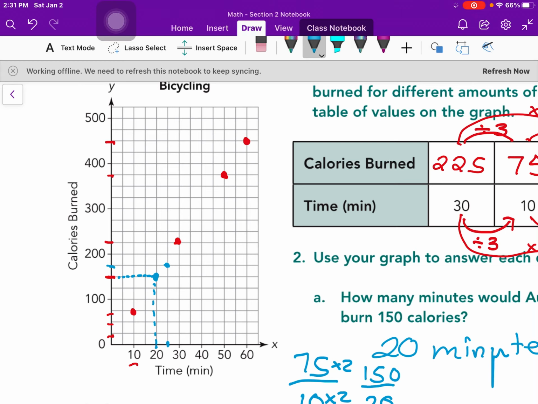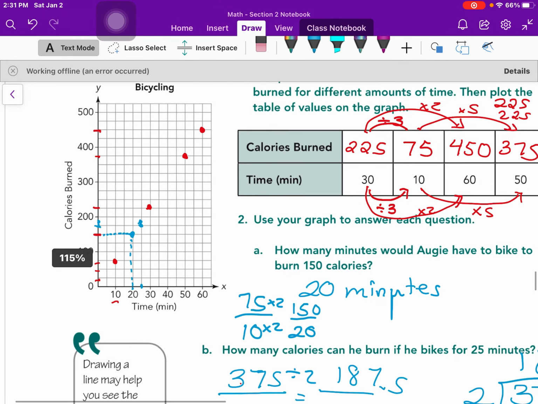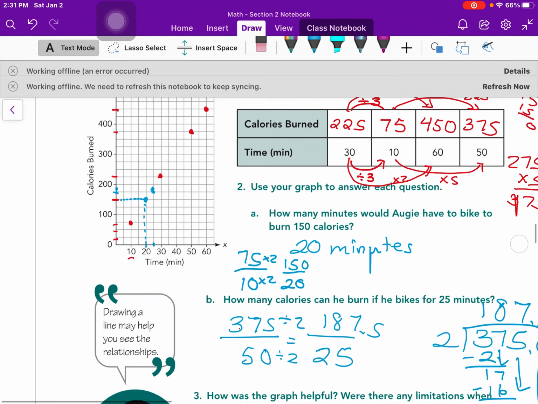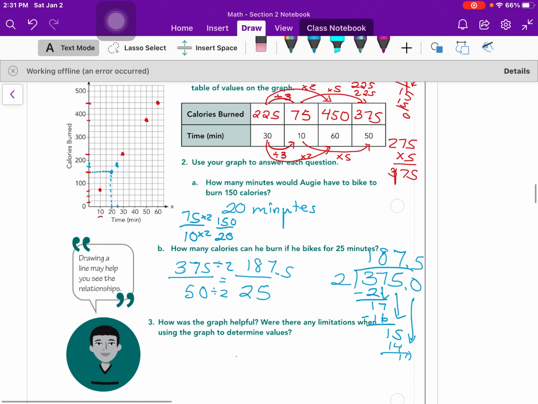And that would be really kind of close to about 190 calories, I think. We'd have to move it up just a little bit to keep it on our line, which would make sense for our 187.5. So drawing a line can help us in coming up with our relationships. If we kind of put our line in here. Of course, it's a freehand line, so it's not exact, but we get the idea.